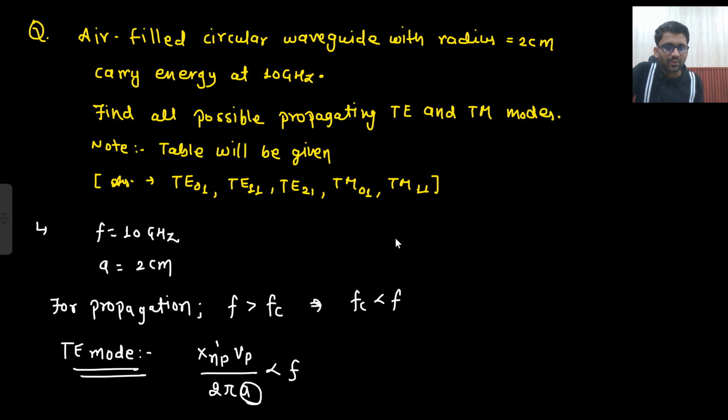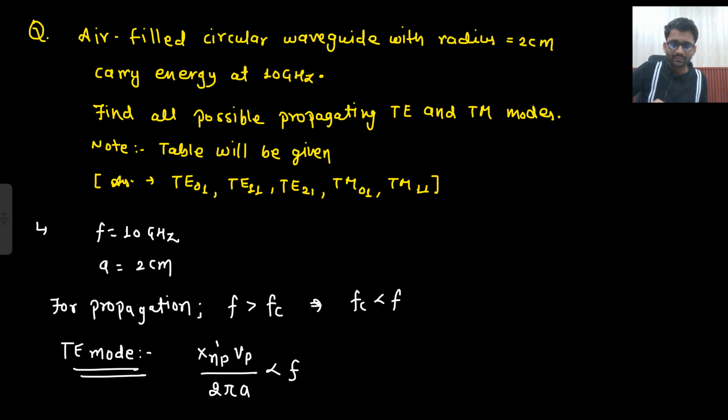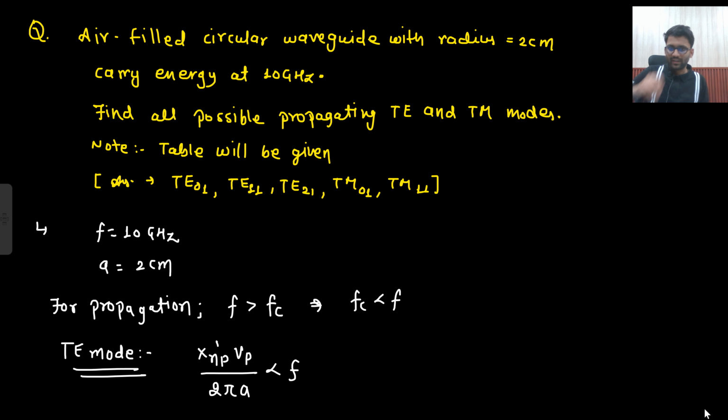The A value you already know, that is 2 centimeter. The 2 pi value you already know. The only thing that you don't know is X dash NP. So X dash NP should be less than F into 2 pi A divided by Vp.